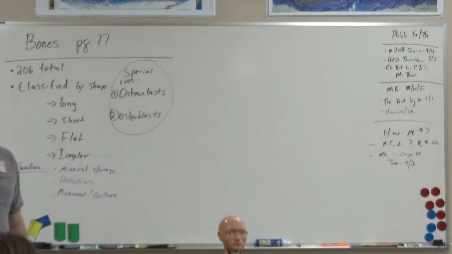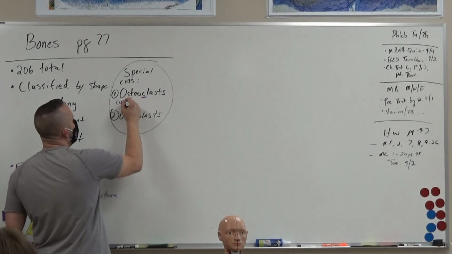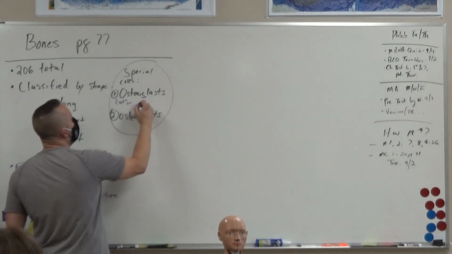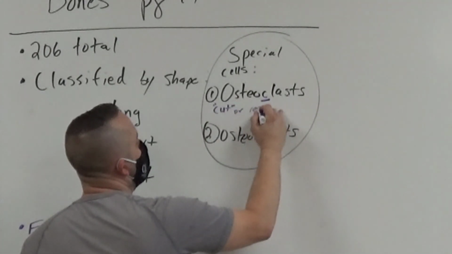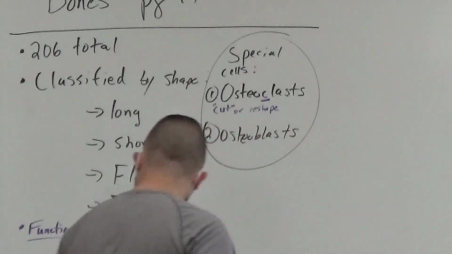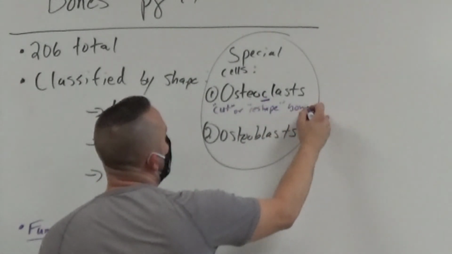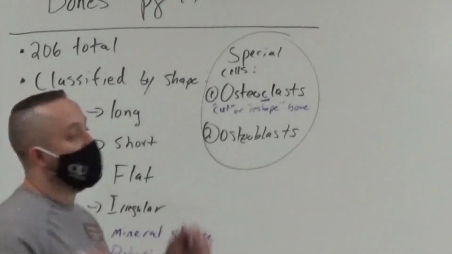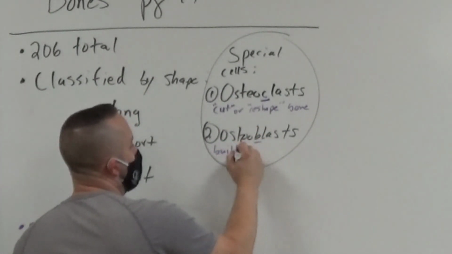Osteoclasts are bone cells that will cut bone down. So we say they cut, or let's say demolish, reshape. Osteoblasts build it up. They build up bone.